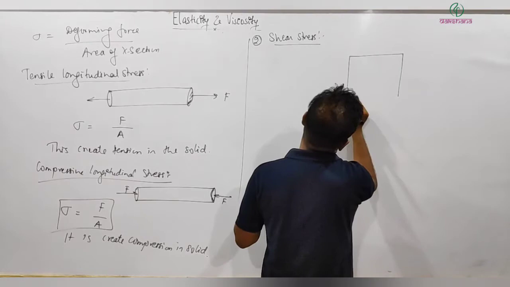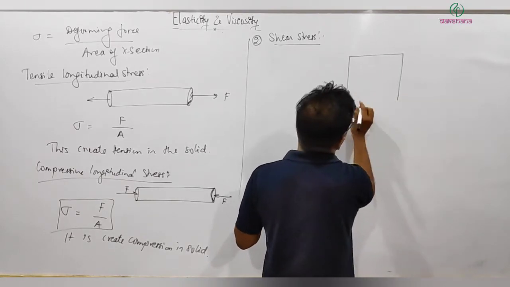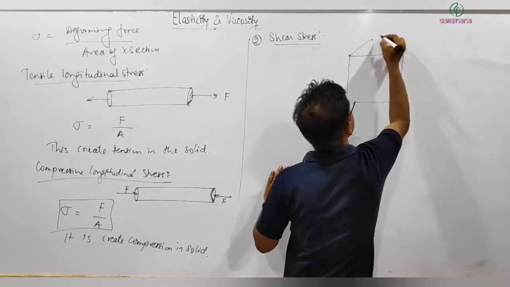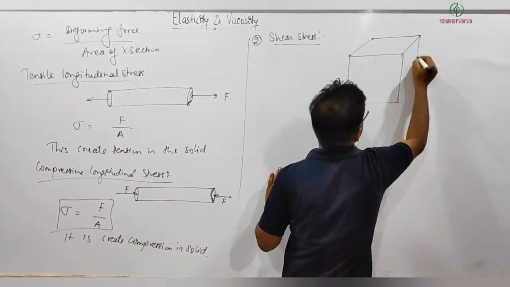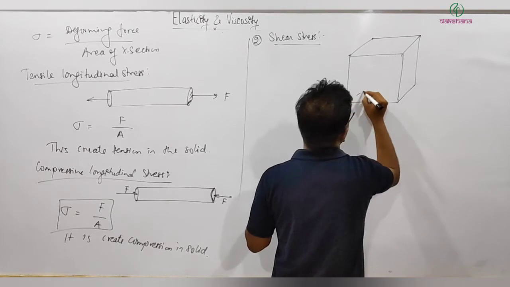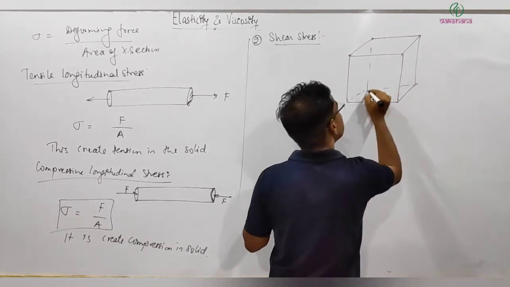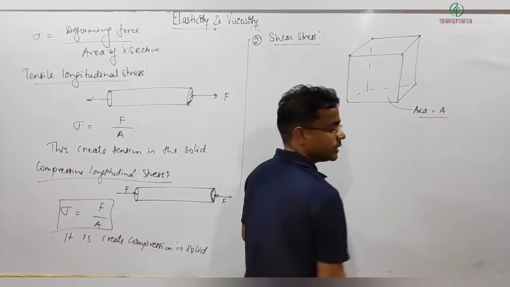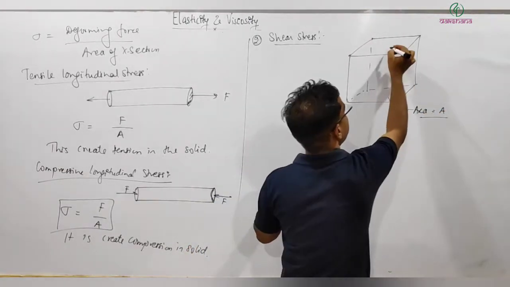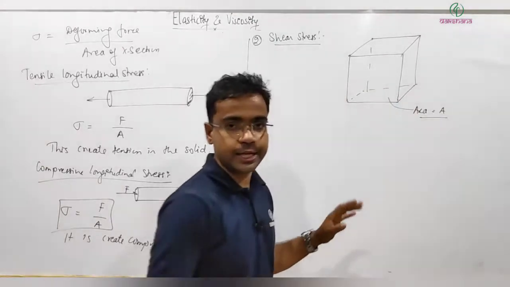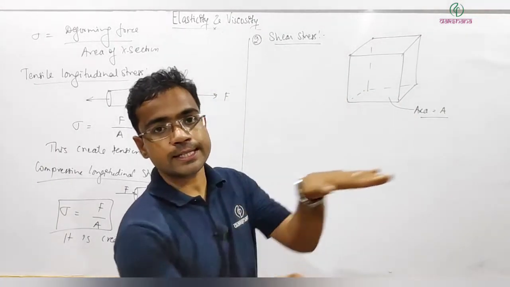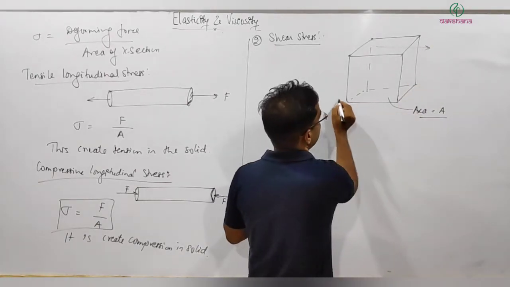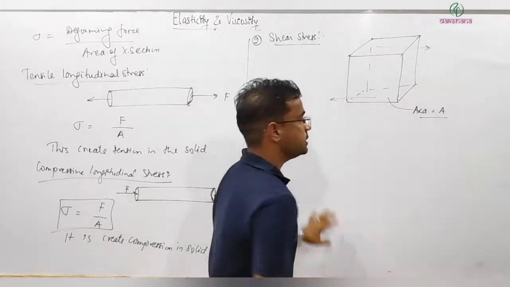So this is a block, and for your better visualization, let's say this area I'm taking as A. Now in this situation I am not applying force normal to the surface area, I am applying force along the surface. So the force is applied along this surface and on the bottom surface this way, is it?